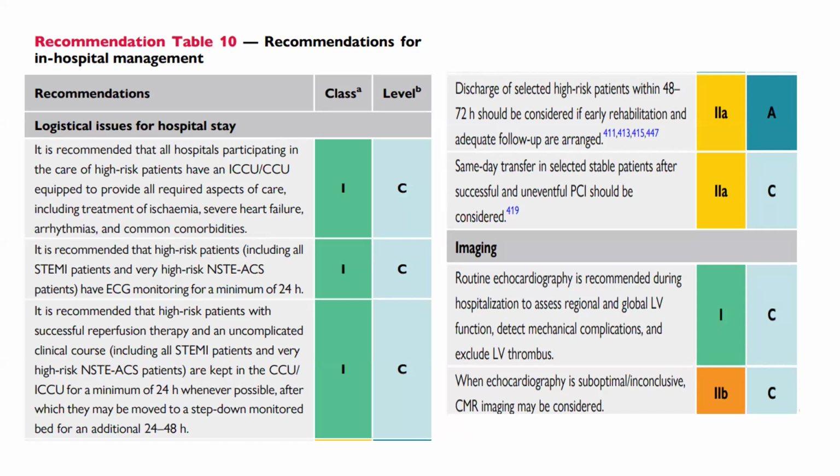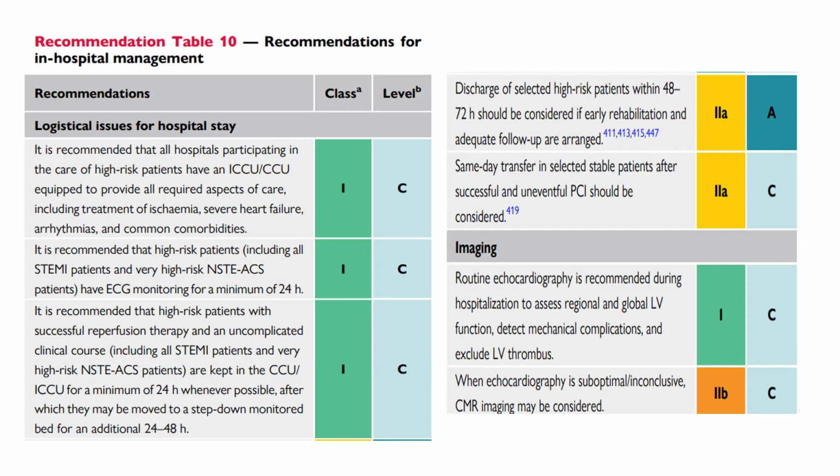It is recommended that high-risk patients with successful reperfusion therapy and an uncomplicated clinical course are kept in the CCU or ICU for a minimum of 24 hours, after which they may be moved to a step-down monitored bed for 48 hours.